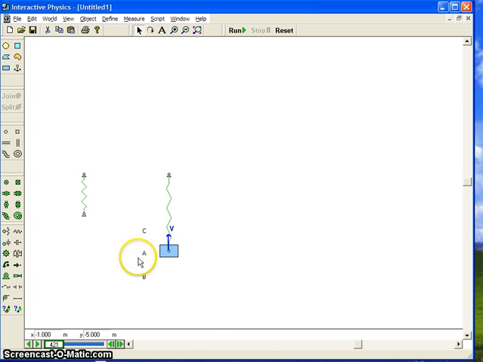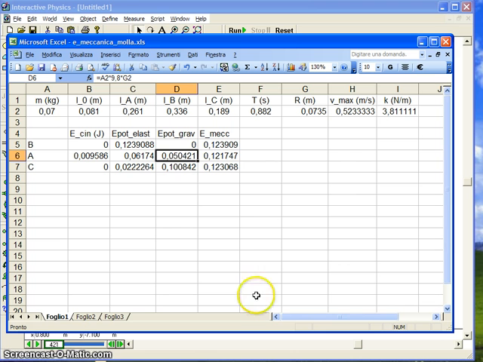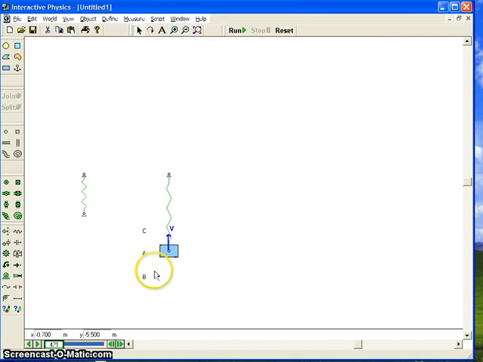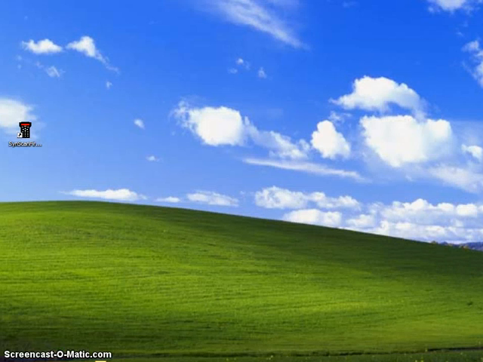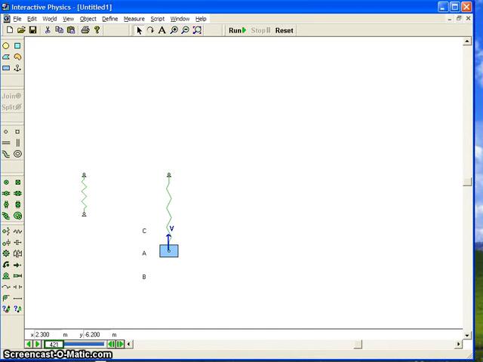In this case the potential energy is given by mass, 9.8 and the height in the A position.